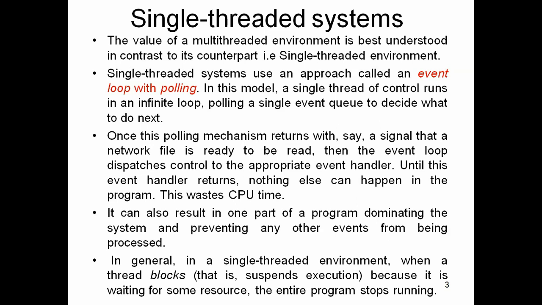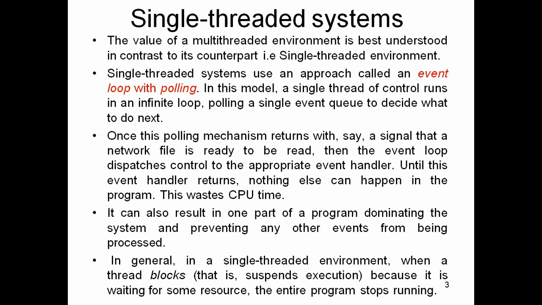Once this polling mechanism returns with, say, a signal that a network file is ready to be read, then the event loop dispatches control to the appropriate event handler. Until this event handler returns, nothing else can happen in the program. This wastes the CPU time.